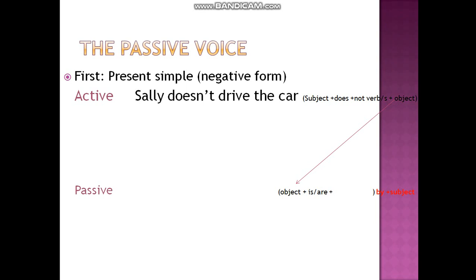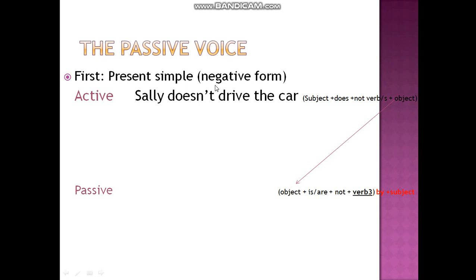The only difference is we turn the sentences into negative using do not or does not. When we use it as a passive form, we only use not. So is not, are not, same thing, verb to be plus not. So object plus is or are not plus verb 3 again, by the subject is optional.